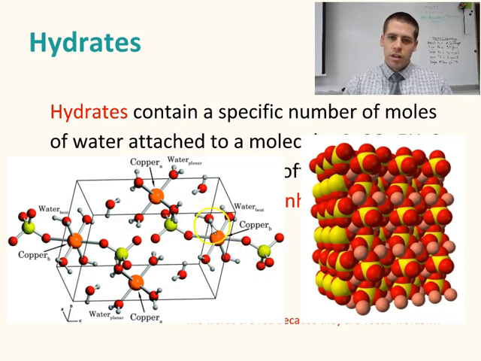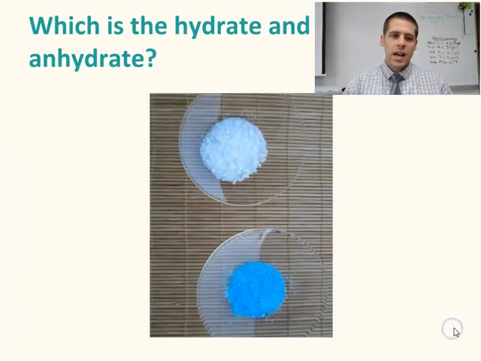And those water molecules have positive and negative ends because it's a polar molecule. And so they get locked into that structure with the ions. Here's another way of representing it. I think in this one they're showing waters. The hydrogens are the light pink color. And so this is a water right here, a water trapped in that crystalline structure. Okay, we can actually heat those water molecules out.